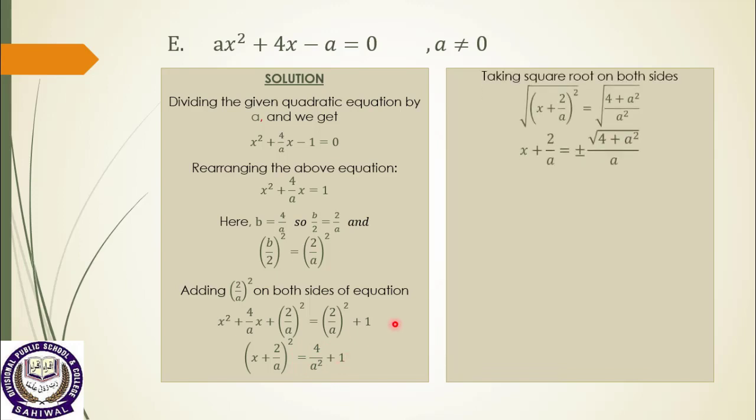Taking square root on both sides, we get square root of (x plus 2 over a) the whole square equal to square root of (4 plus a square) over a square. The square and the square root cancel each other and we get x plus 2 over a equal to plus minus square root of 4 plus a square over a.